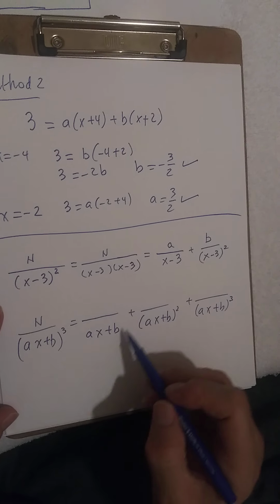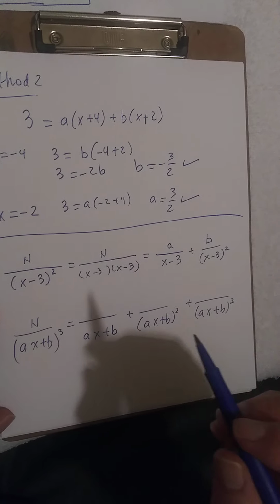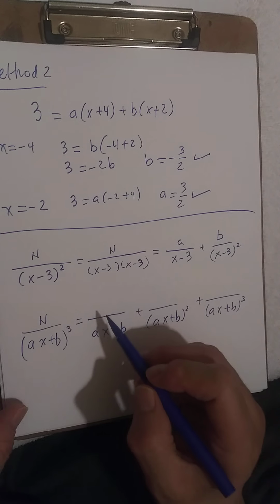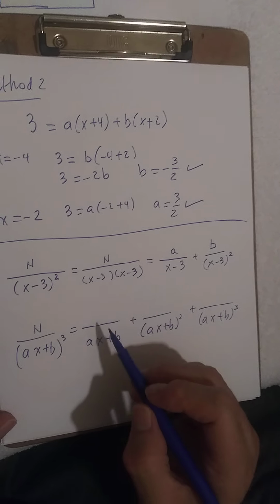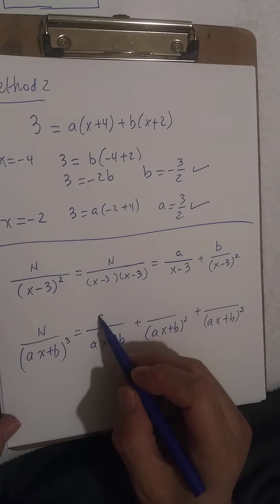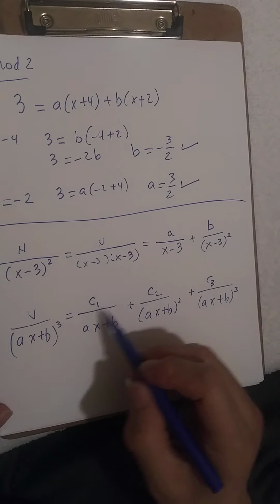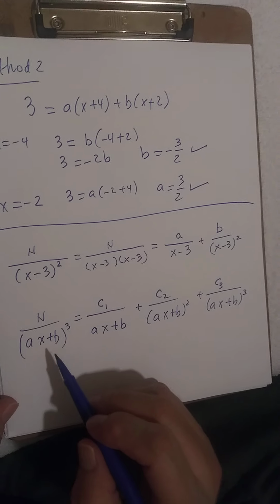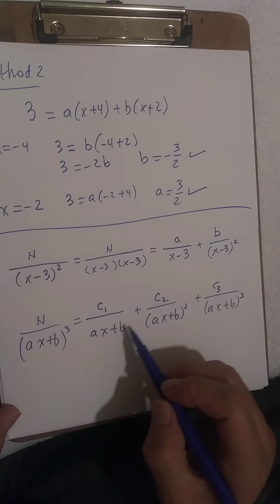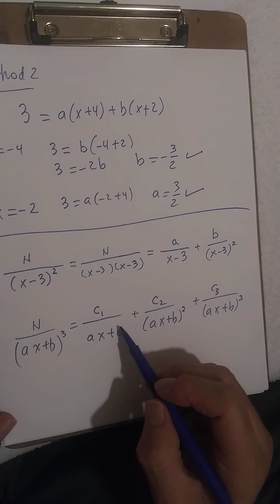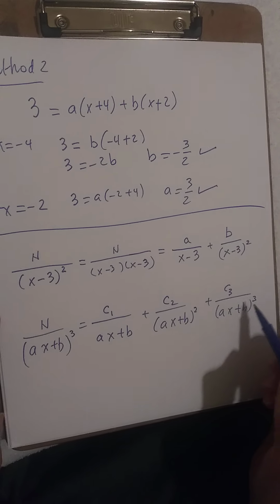And since this is linear, the numerator will be some number. Let's call it C1. Let's call this one C2 and C3. They don't have to be the same. So you just break this up 3 times, one with the power exponent 1, one with the power of 2, and one with the power of 3.